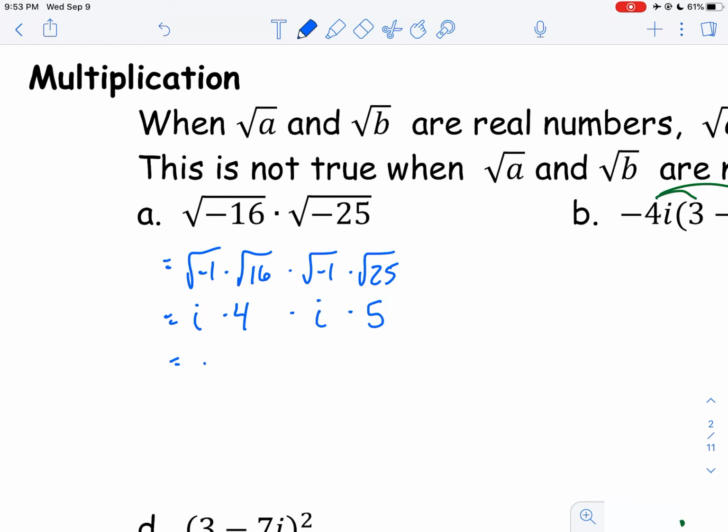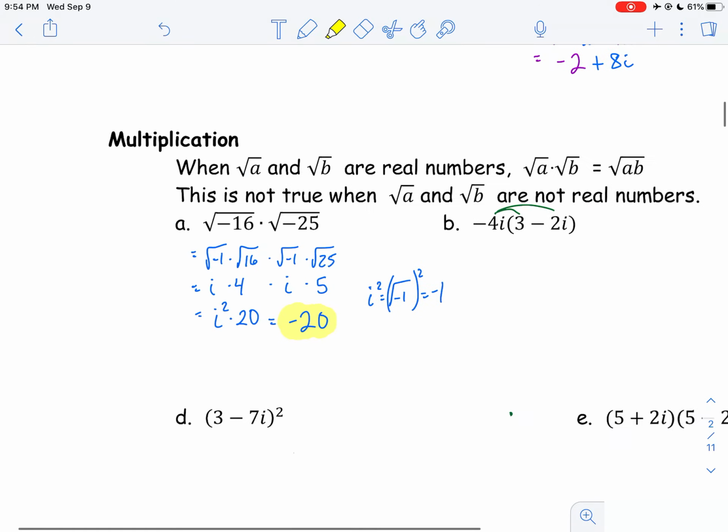But this becomes i squared times 20. But i squared is equal to, if you'll remember, just -1. And so this becomes -20.